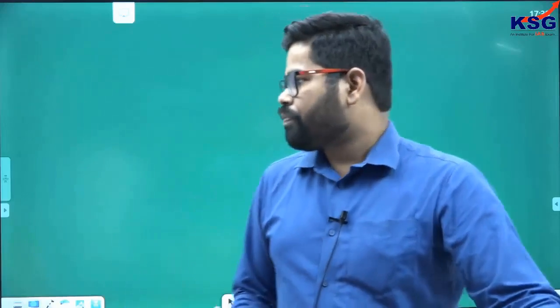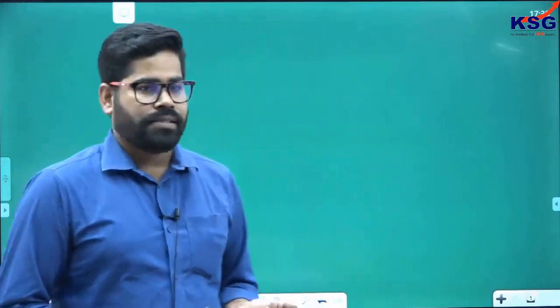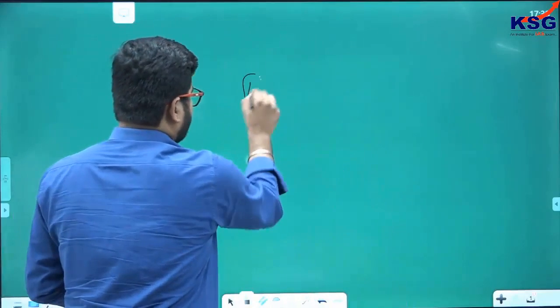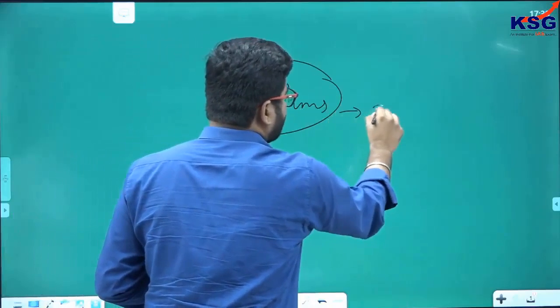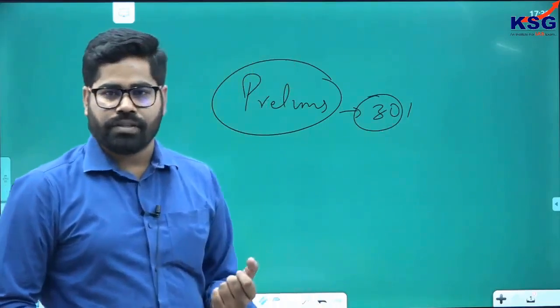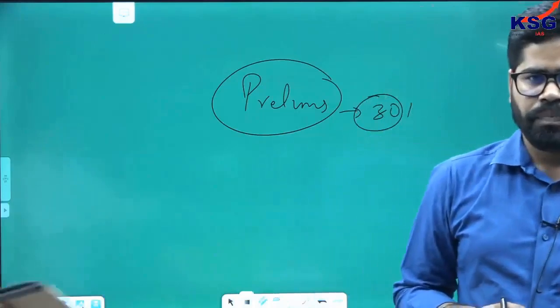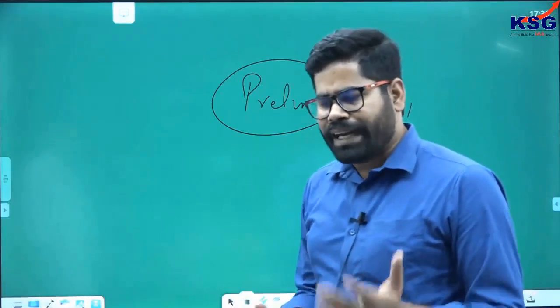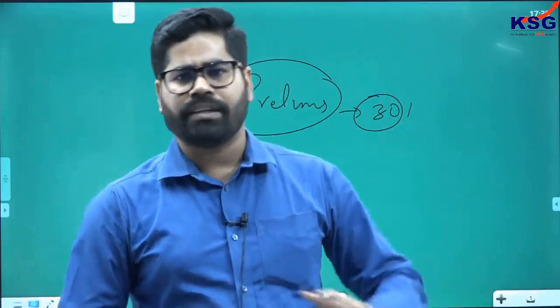Okay, now if we talk about the prelims examination, in the prelims section we have something around 30 questions which are being asked from the current affairs section. Some of them will be properly oriented towards current affairs only.